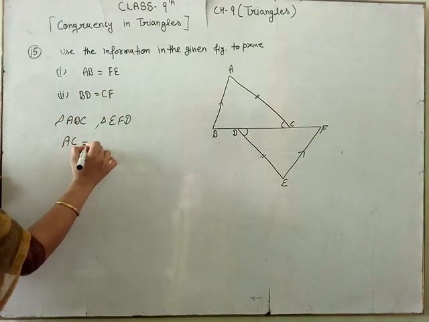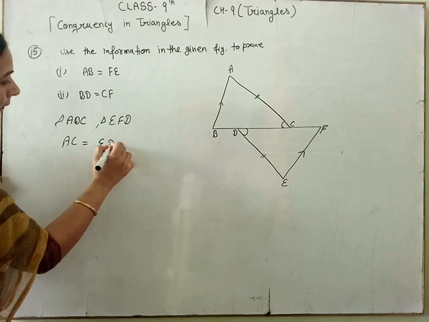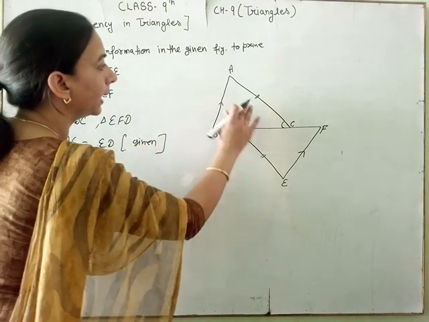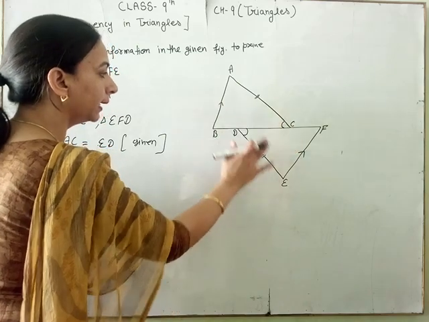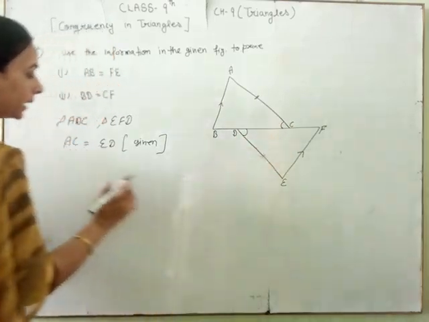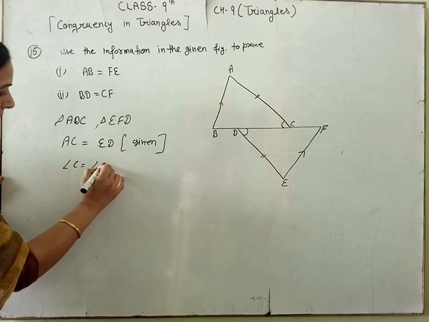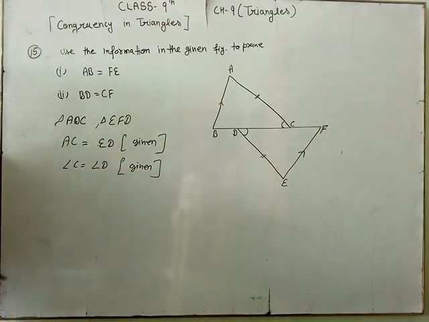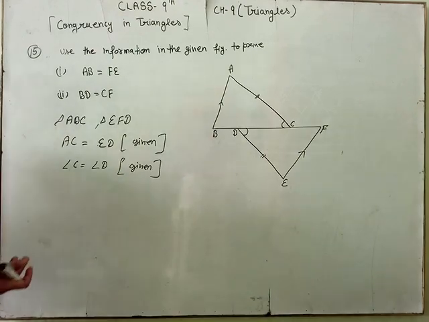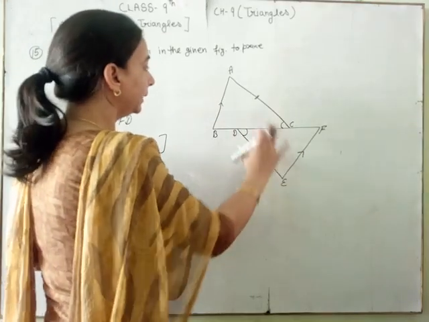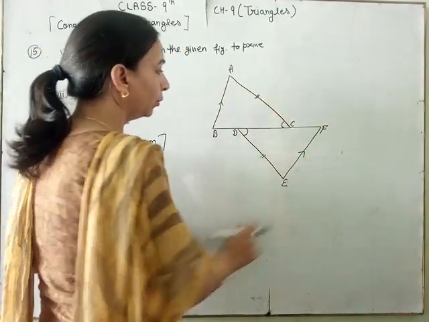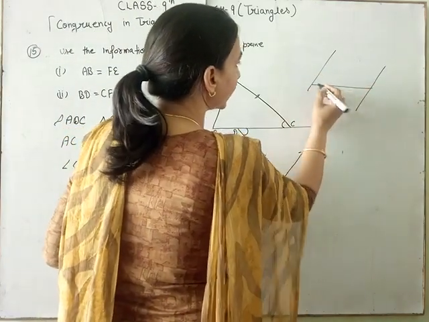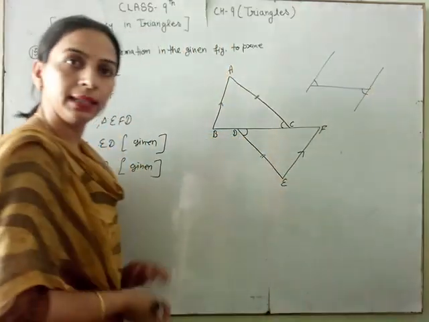AC equals ED, and this is given. Next, angle C of this triangle equals angle D of this triangle. Angle C equals angle D, given. Then the third, student: AB and EF are parallel. If two lines are parallel and this is a transversal, then these two angles are equal.